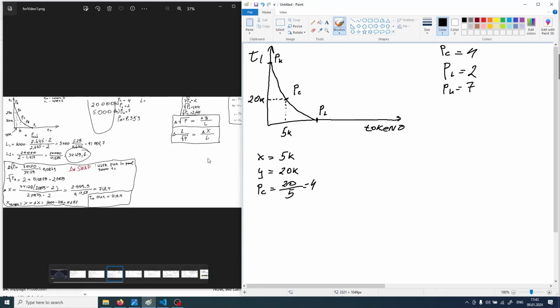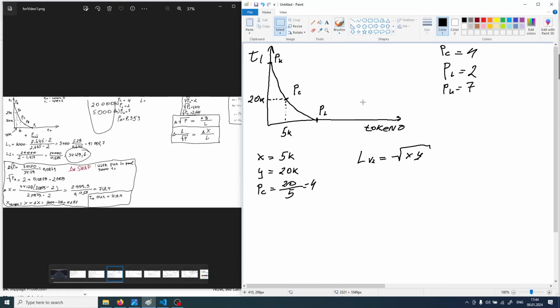It's not the same as Uniswap v2. You remember that liquidity in Uniswap v2 is the square root of xy, and that's it. It's simple.